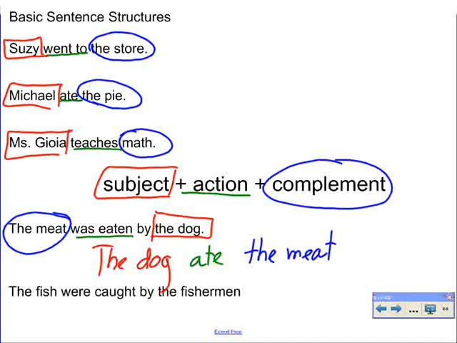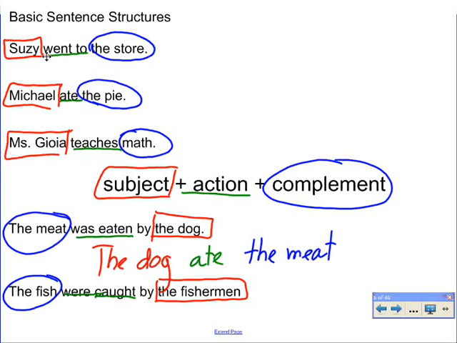If we look again at the next sentence where it says the fish were caught by the fishermen, the action here is caught, or were caught. And if you ask who did the catching, you'll find out that this was the fisherman. And what did the fisherman catch? Well, the fisherman caught the fish. So again, this is not written in subject, action, complement form, but you very easily could rewrite it.